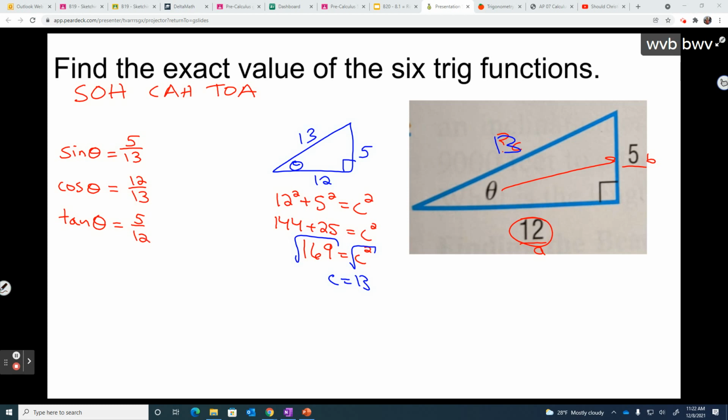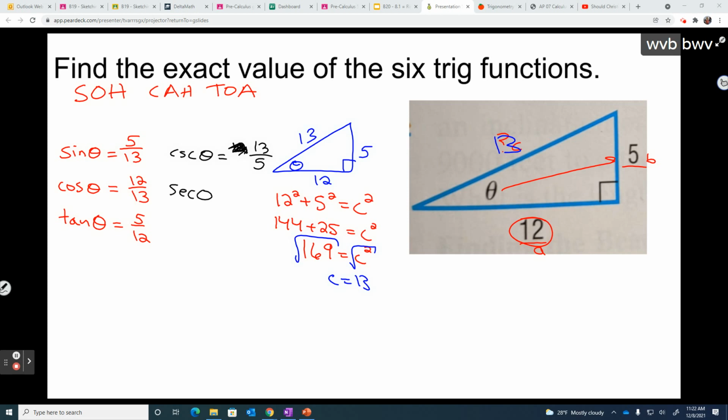And then the other ones are actually easier because as long as you know which one matches up with which one, sine matches up with cosecant. You don't even have to look anything up, we just flip it. So you could, if you wanted to, say, well, what's my hypotenuse? It's 13, and then my opposite is 5. Or you can just flip it, just flip this.